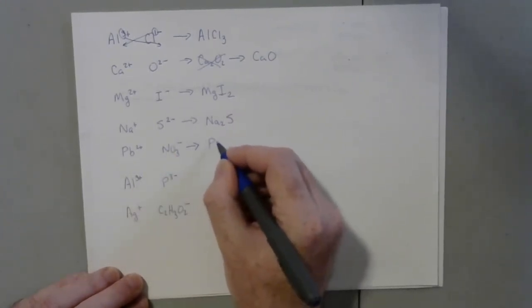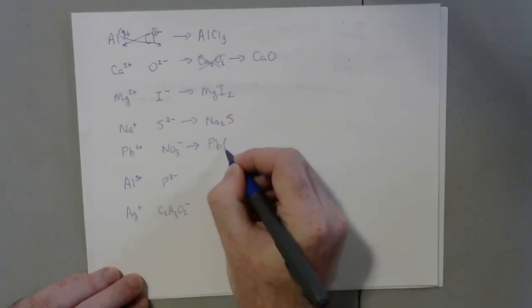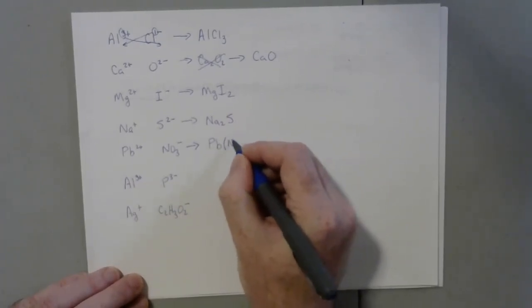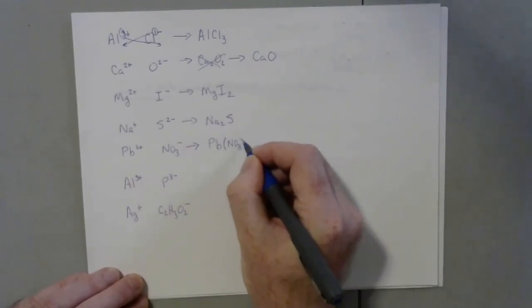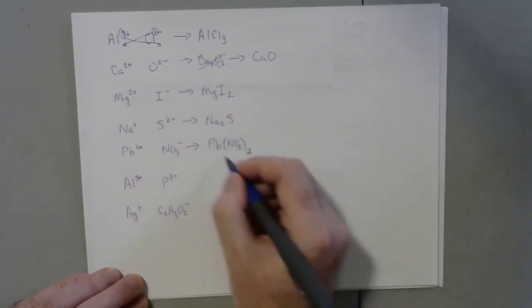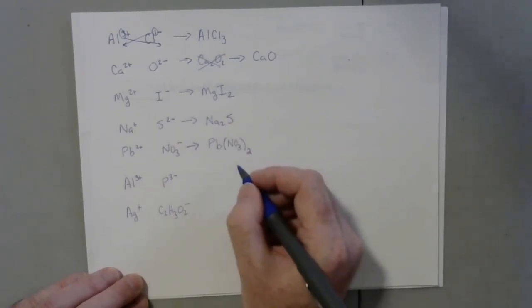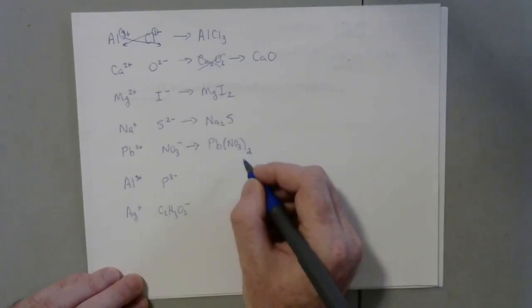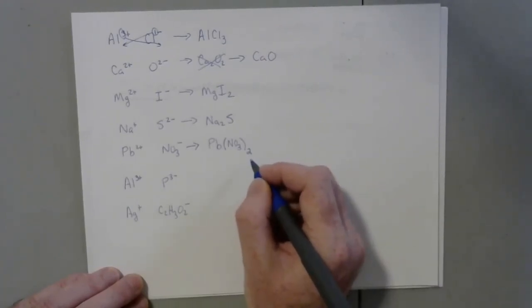So Pb, then we're going to put the nitrate in parentheses, NO3, and then we're going to put a 2 on the outside of the parentheses, indicating there's 2 of that whole thing. You don't need the parentheses if you just have 1 of them, but if you've got more than 1, you need to put parentheses and a number on the outside, so everybody knows you mean 2 of that whole thing.